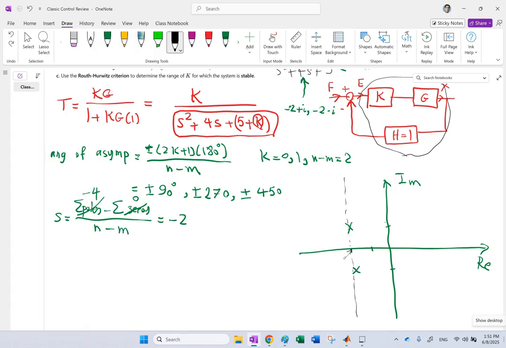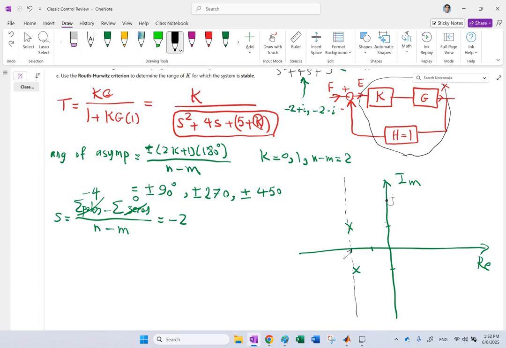So first thing is the intersection with the imaginary axis. In that case, in your characteristic polynomial, you can plug in s equals j omega, because if it hits the imaginary axis, the value is going to be some omega, which we don't know, times j, or I if you want.